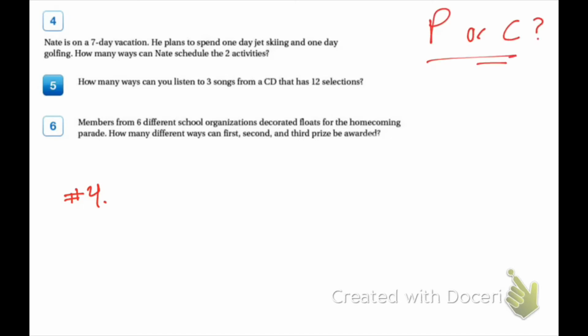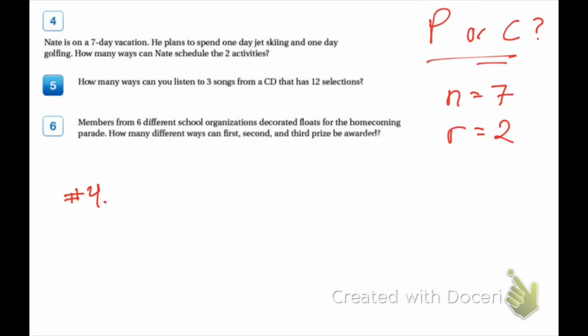Well, since he is on a 7-day vacation and he wants to do 2 activities, our number of items, so n is equal to 7, r is equal to 2. That's how many items I'm selecting. But is it permutation or a combination? Well, since Nate can't do both activities at once, the order does matter. So this would be a permutation.